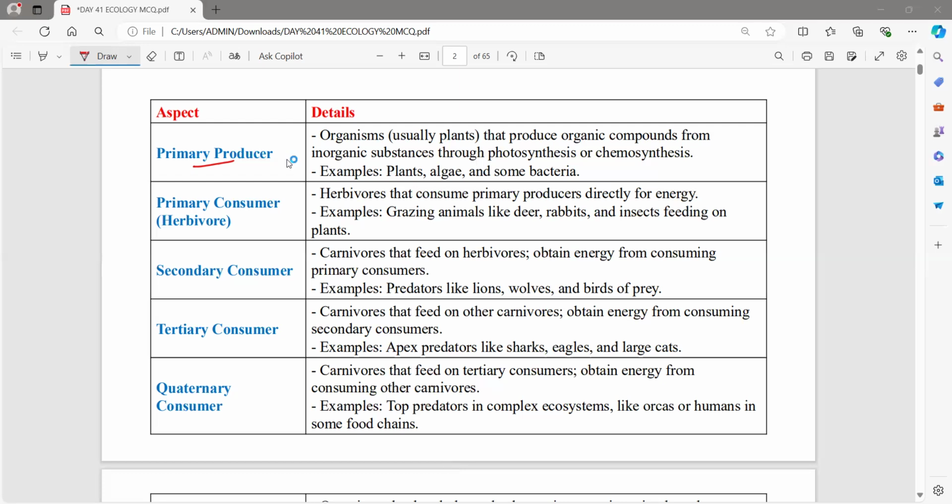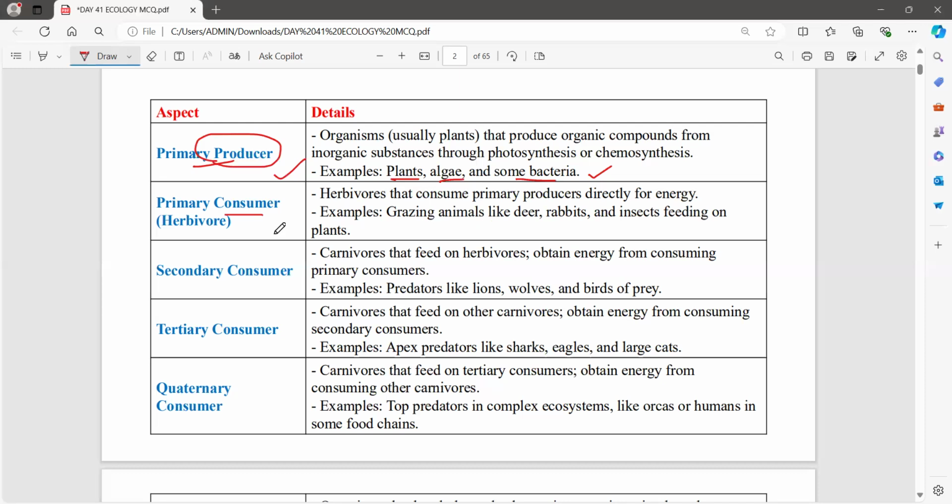So this is the difference between a producer and a consumer. Plants, algae and some bacteria have the capacity to synthesize their own food by photosynthesis or chemosynthesis.